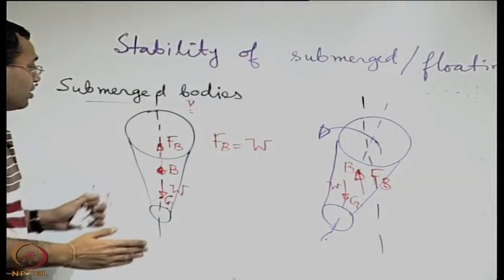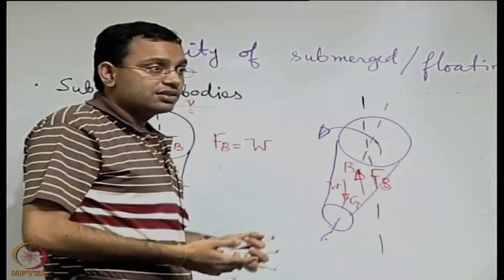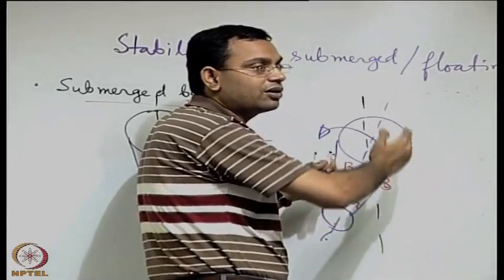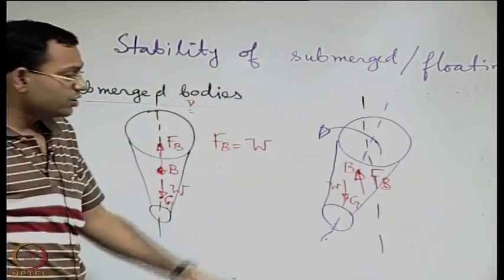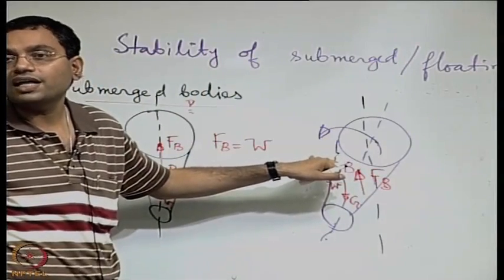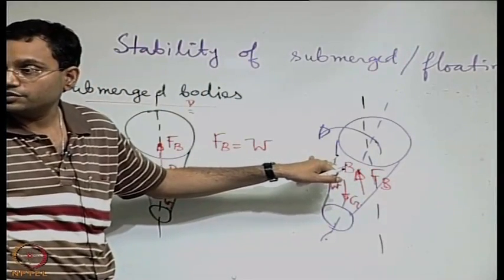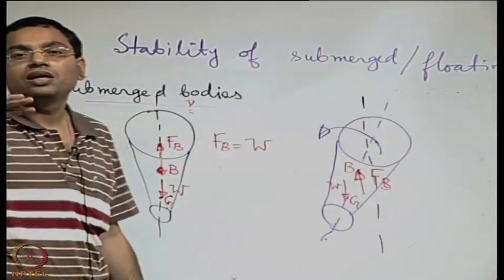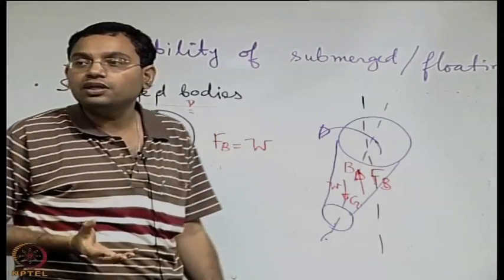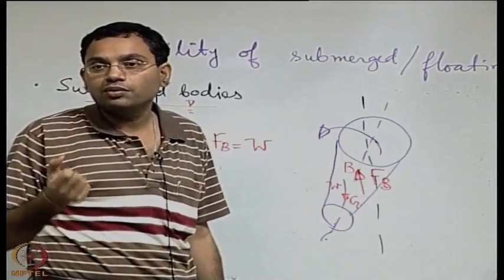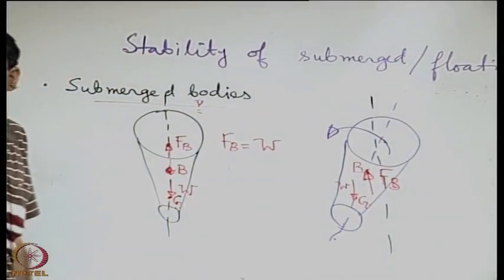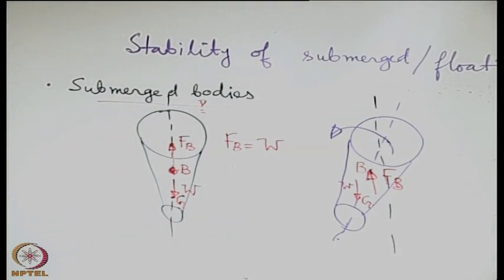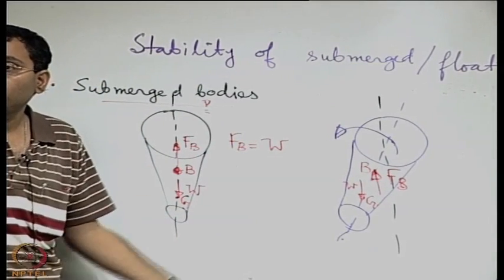So what is the hallmark of a stable equilibrium? If you have a slight displacement, it will try to come back or be restored to its original configuration. However, if G was above B, it would have tried to increase the angular displacement even further, not restoring but helping the disturbance. In that way it will be unstable equilibrium. What would be the situation if B and G are coincident somehow?